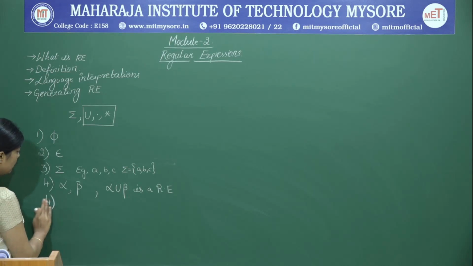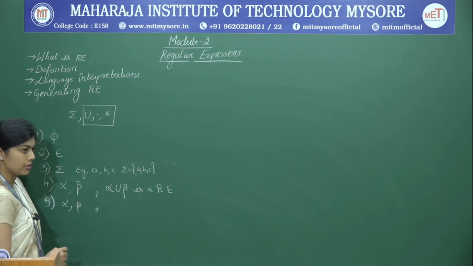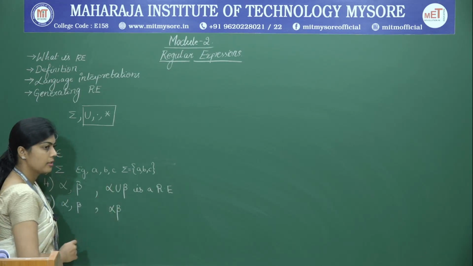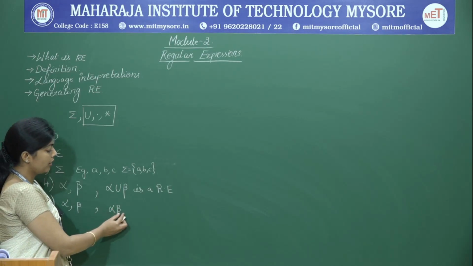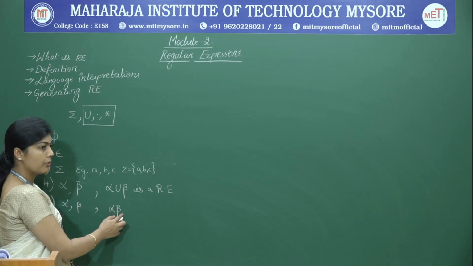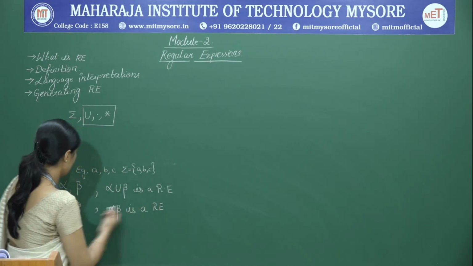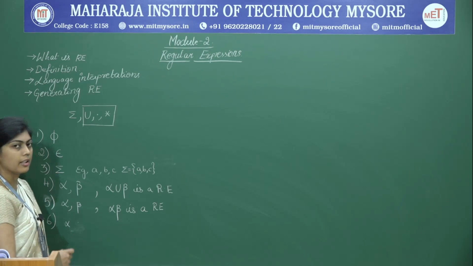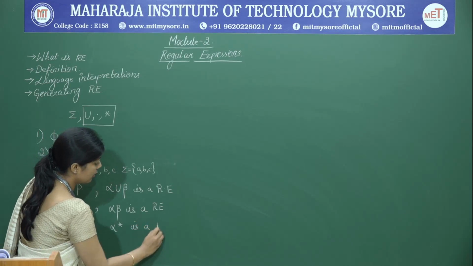Fifth one, if alpha and beta are two regular expressions, their combination, we will say alpha beta in this case, means we have to imagine a concatenation operator between the two regular expressions, alpha and beta. So the concatenation of two regular expressions is also a regular expression. Next, if alpha is a regular expression, then alpha star is a regular expression.